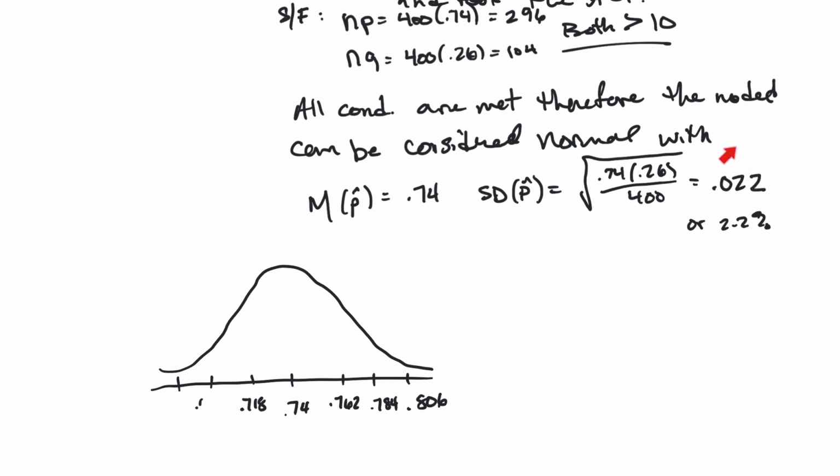Because your calculation for standard deviation, one of the most common calculations, is always going to be as a proportion first. Now, if you don't like that and you're pretty comfortable doing it that way, that's totally fine. Instead of putting 74% or 0.74 here, I could have written 296, and I could have multiplied 400 times the standard deviation and gotten this in terms of people instead of just proportions.